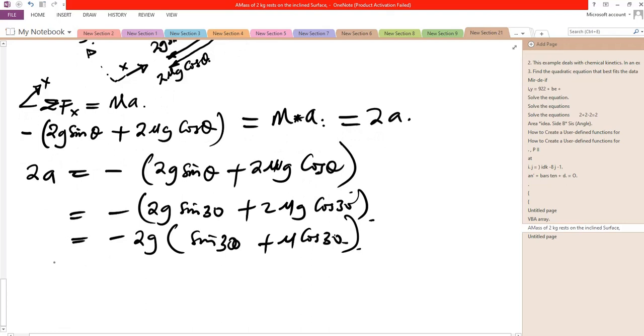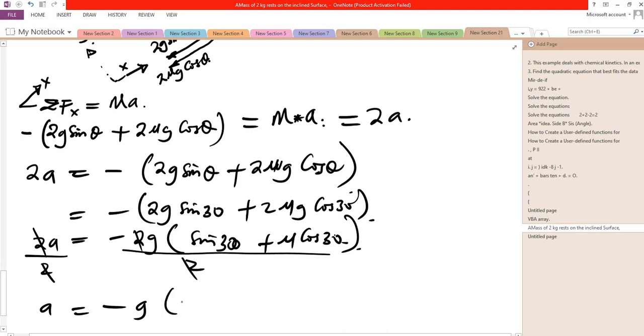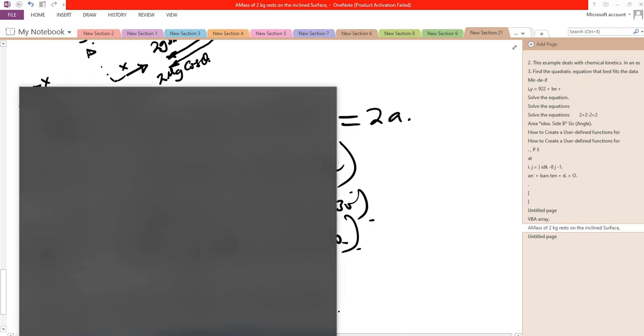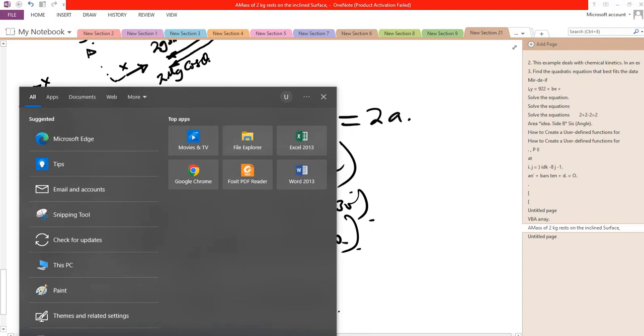So that means dividing all through by 2, this will cancel this. At the left hand side you have a, and at the right hand side you have minus g into sine 30 plus mu cos 30. Now let's bring our calculator.